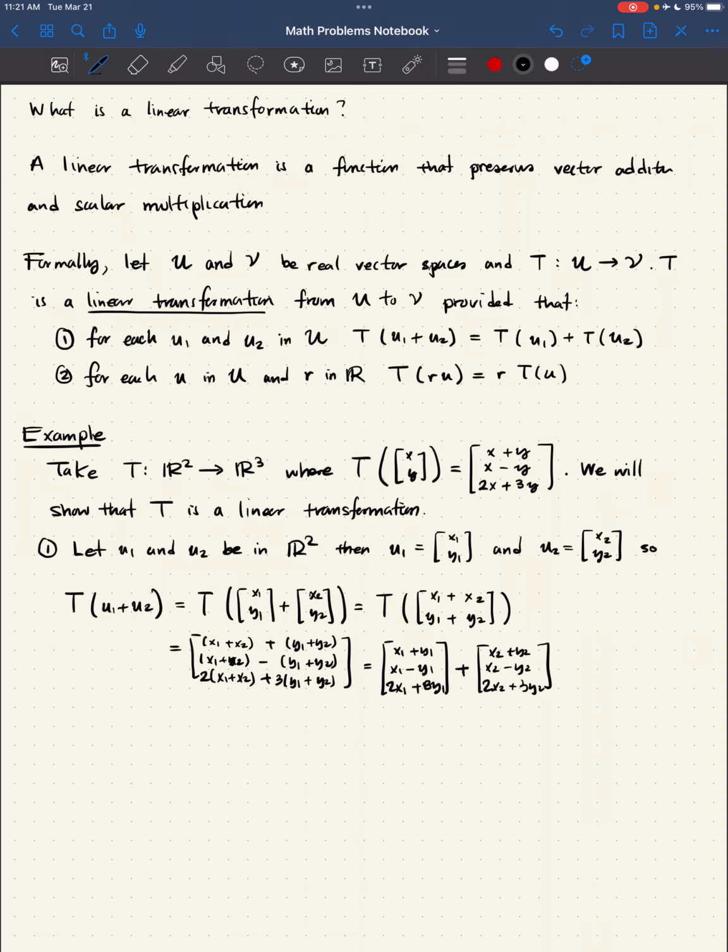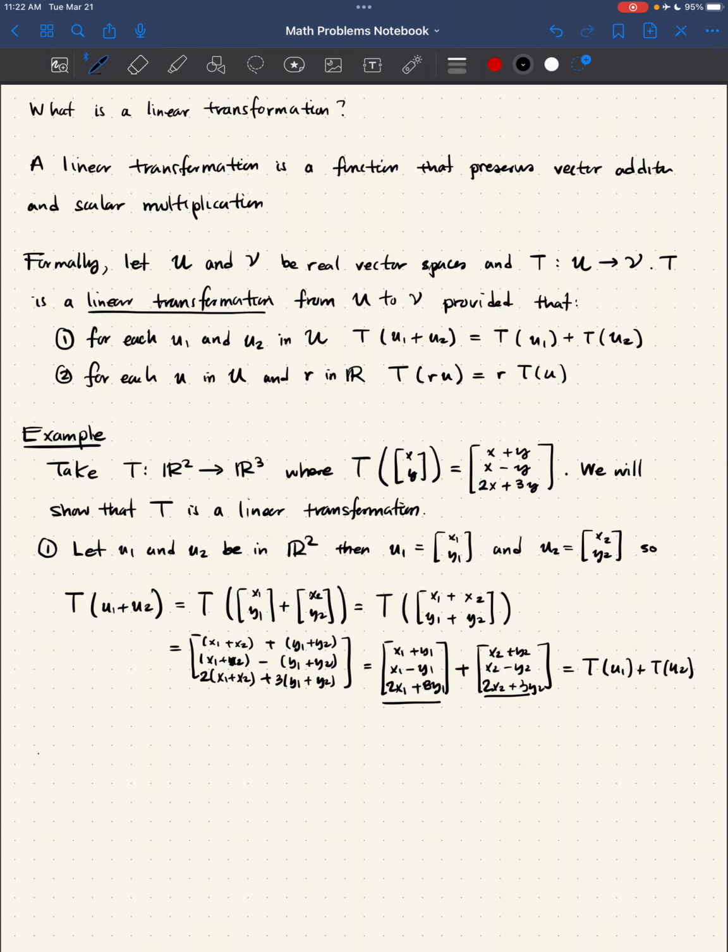And now we see that this corresponds to T applied on the vector x1, y1, and T applied on the vector x2, y2, which of course we can simplify as T of U1 plus T of U2.